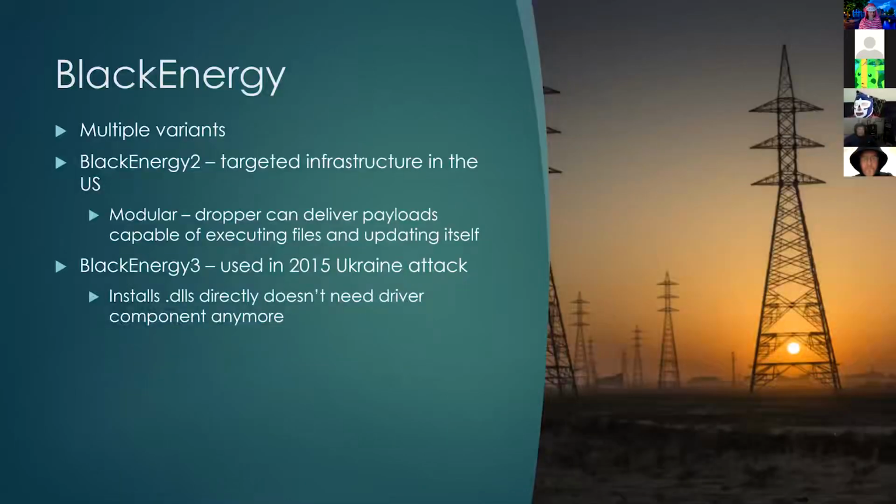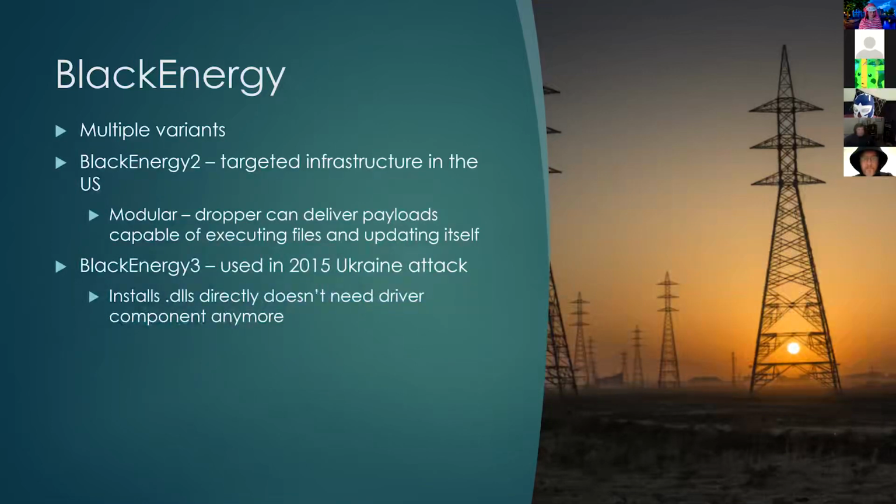Black Energy, there are a lot of variants on this. Black Energy 2 was used in the US. They found it in some corporate networks in utilities in the Northeast. But Black Energy 3 was used in the 2015 Ukraine attack.